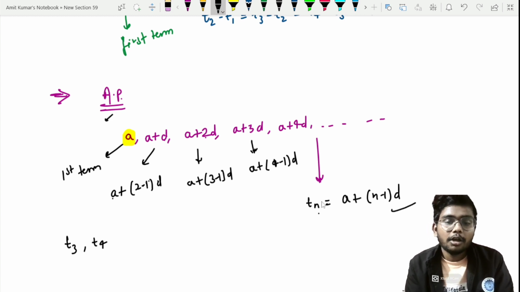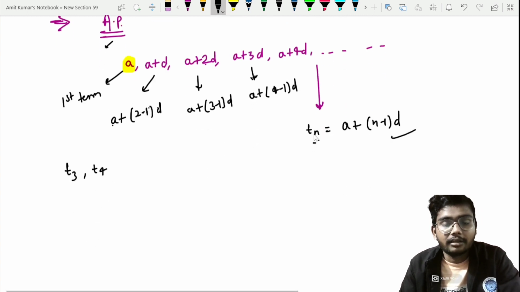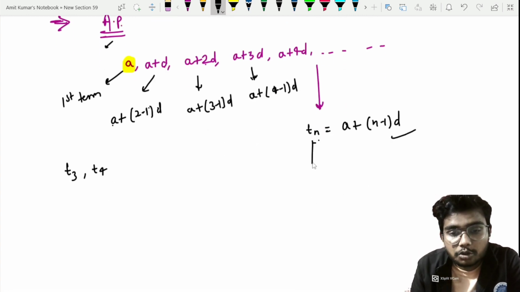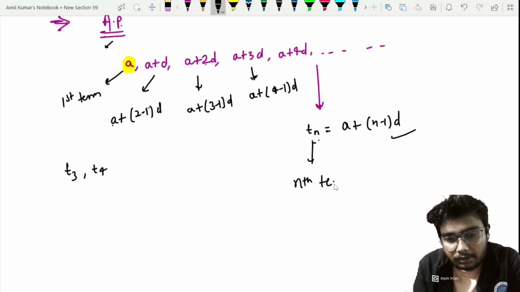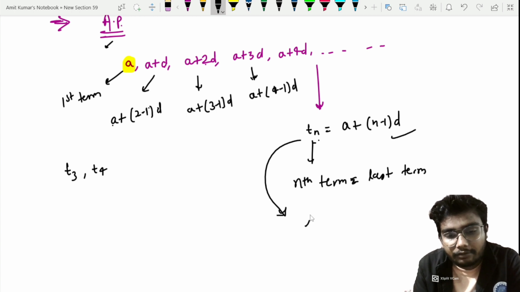Let's suppose this nth term is your last term. If your nth term is equal to the last term, then this Tn can be represented by L. We can write L equal to a plus n minus 1 into d.